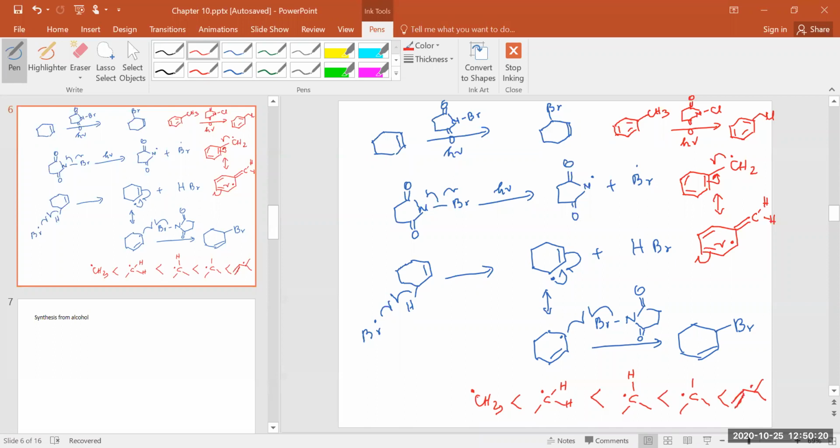Okay, they are the most stable. Before the methyl free radical, even we can add vinylic free radical.